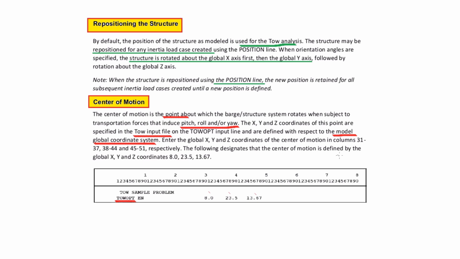The following designates the center of motion defined by the global xyz coordinates. These are the coordinates with respect to the global coordinate system. The center of motion is 8 meters away in the x direction, 23.5 meters away in the y direction, and 13.67 meters away in the z direction with respect to the global coordinates. Here you can see it with respect to the model global coordinate system.